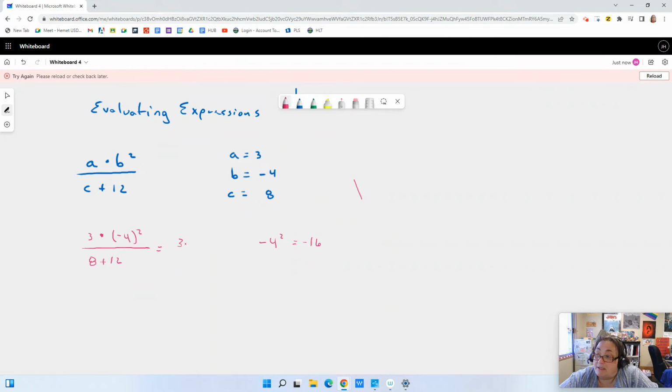So I would have 3 times 16 over 8 plus 12, which is 20. 3 times 16, I think that's 48. I'm pretty sure that's 48. 48 over 20. And then we just have to reduce our fraction, right? Do you guys remember how to reduce a fraction? No, maybe so.